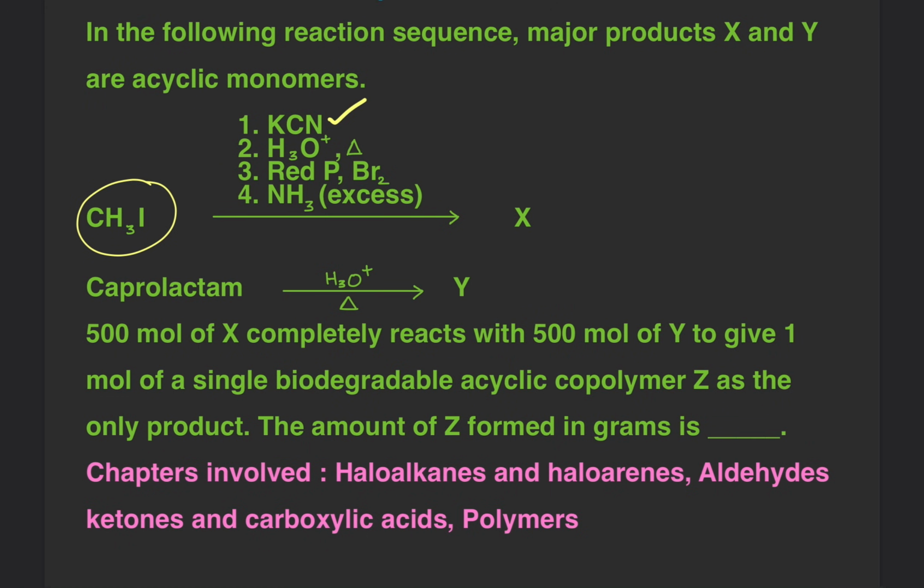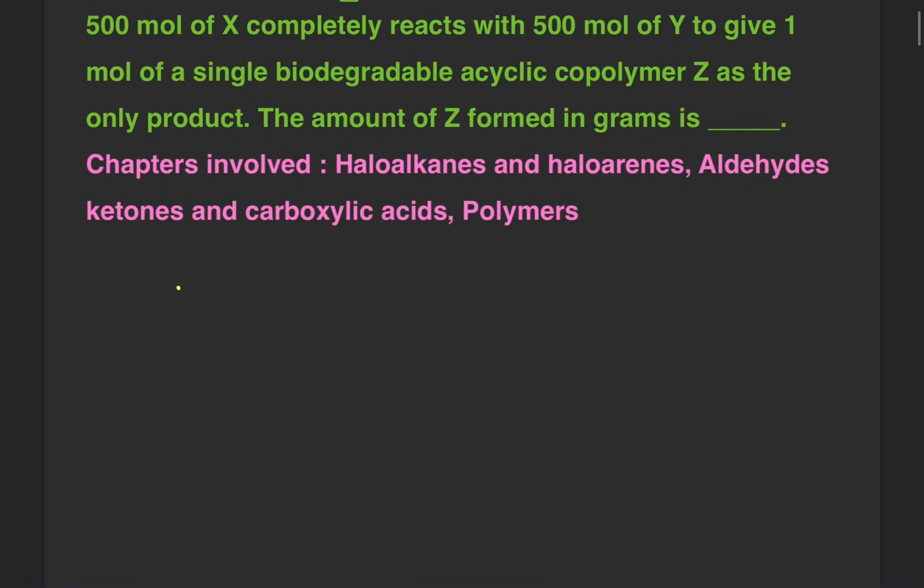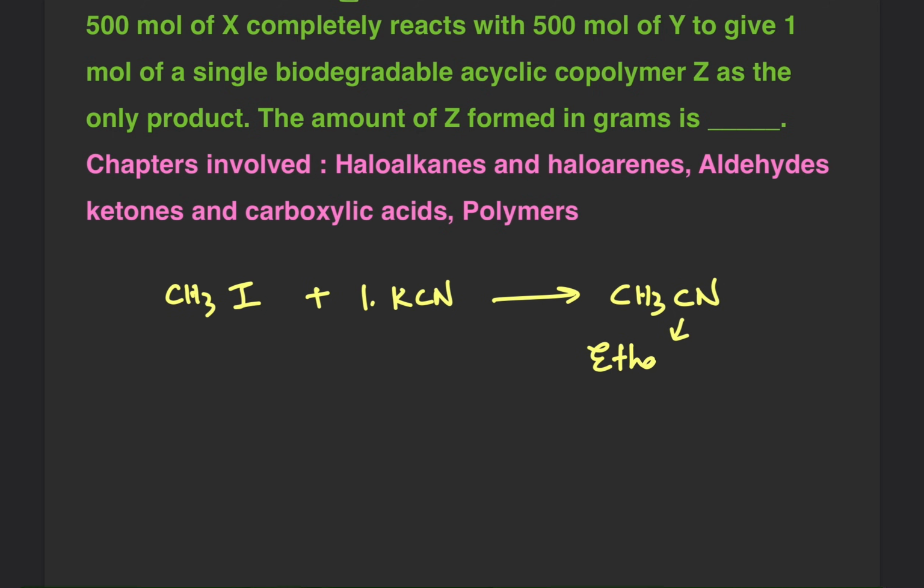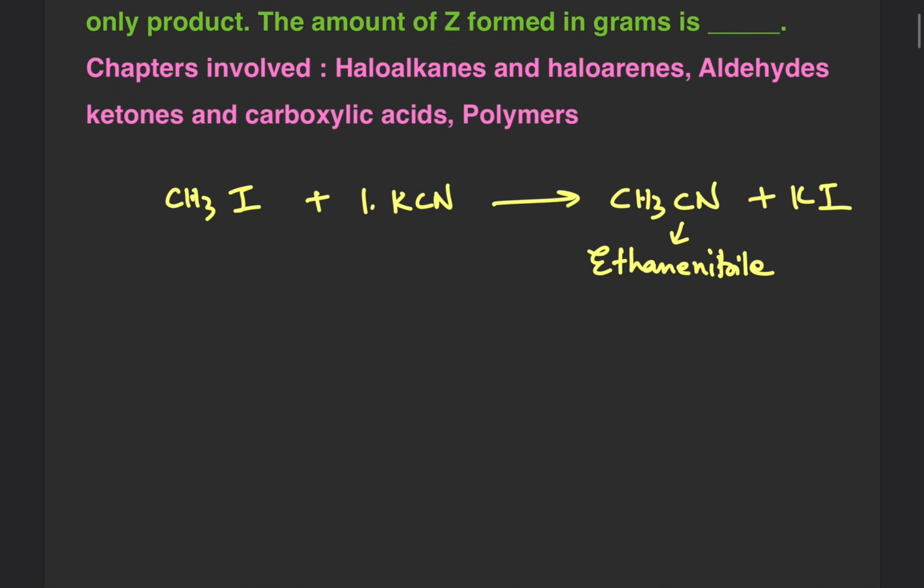Okay, so nucleophilic substitution reaction happens, that is CN minus ion replaces I minus to give CH3C triple bond N. With respect to reaction, I can write CH3I plus the first reagent KCN, we will get CH3CN, and this guy is known as ethane nitrile, plus side product KI.